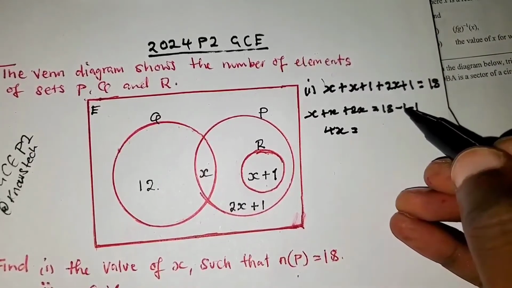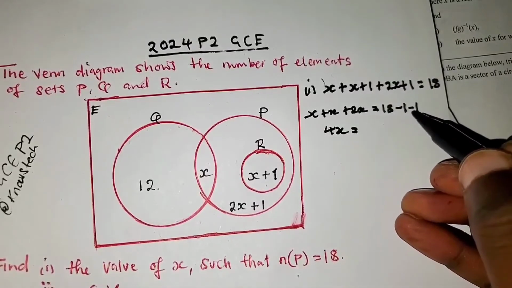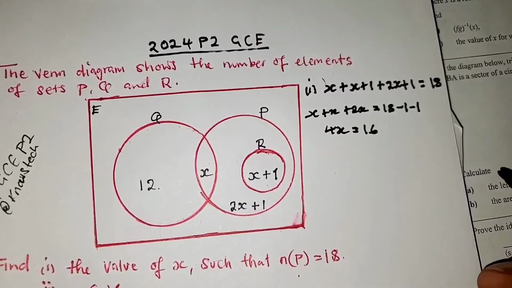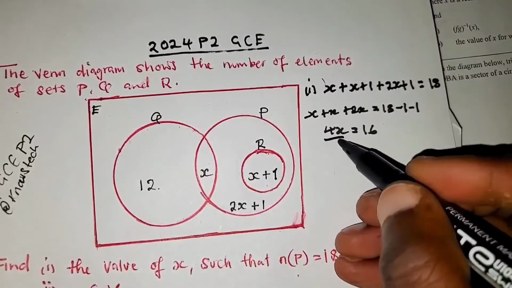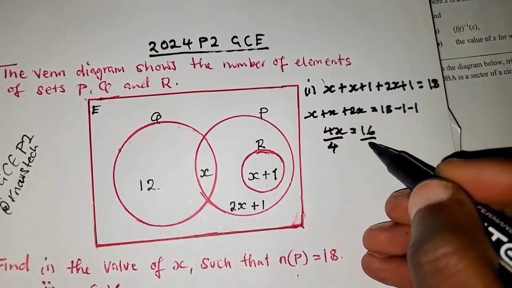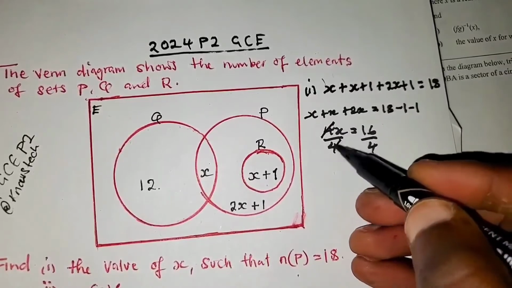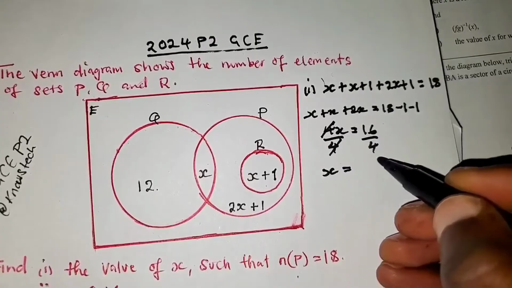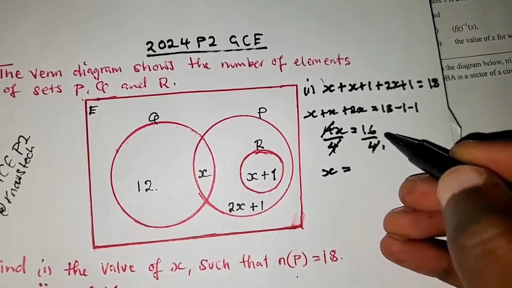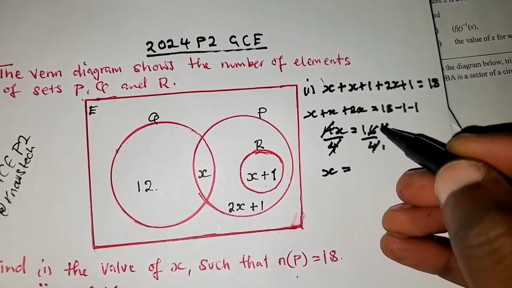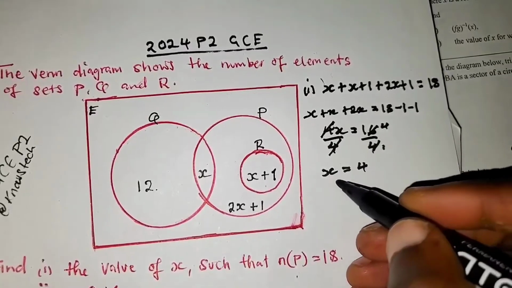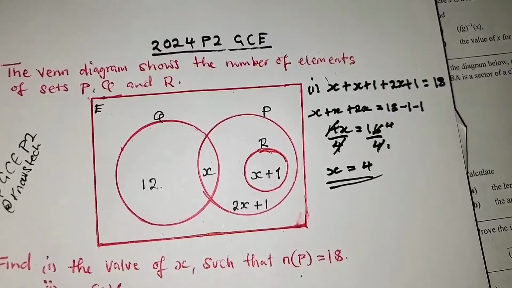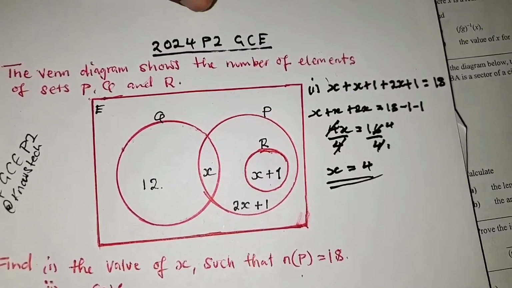Then 18 minus 1 is 17, 17 minus 1 is 16. When you reach this stage, you divide both sides by 4. This 4 and this 4 cancel. 4 goes into 16 4 times. So the value of x is 4. As simple as this.